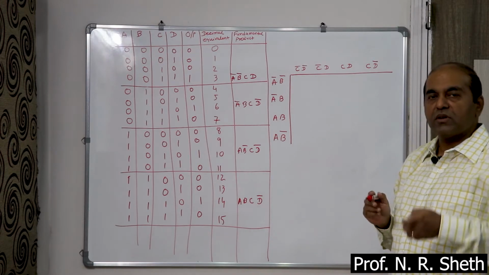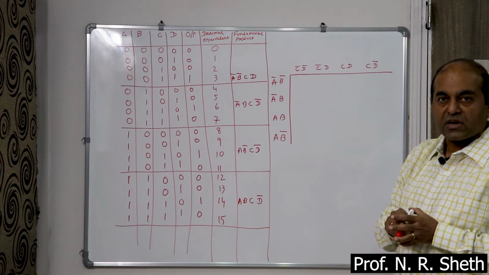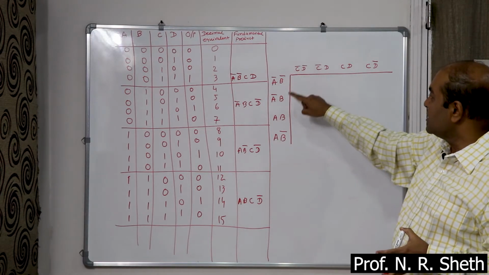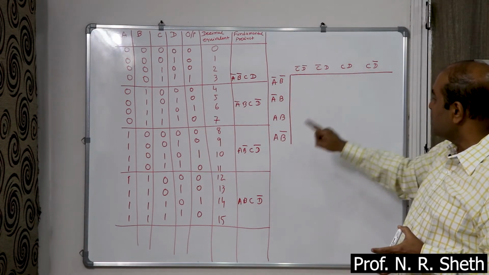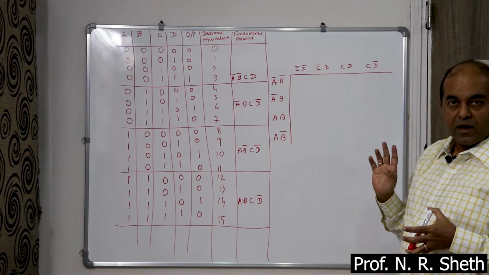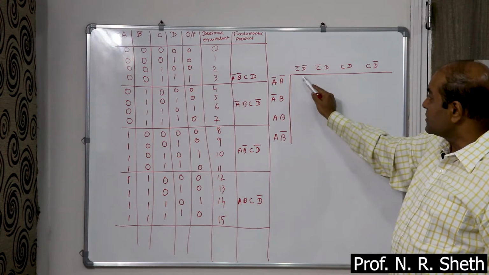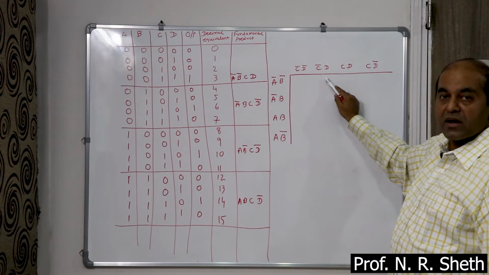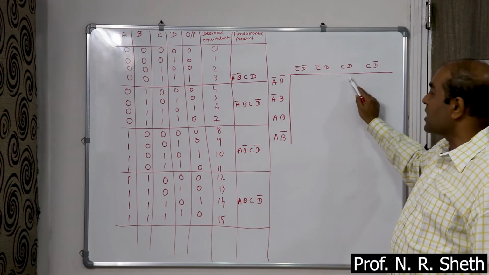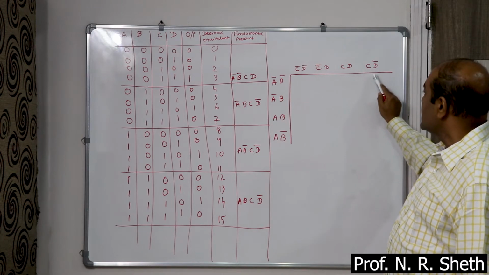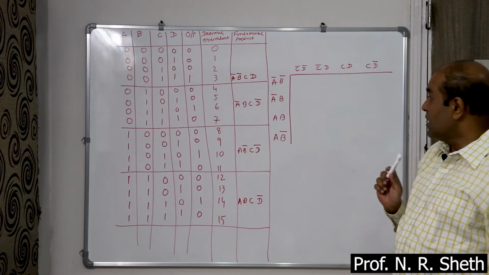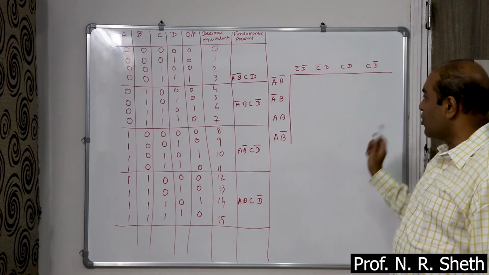In 3 variable, only 2 cases, C bar and C. But now here it is 4 variables, so C and D. Bit position: A bar, B bar, C bar, D bar, A bar, B bar, C bar, D, A bar, B bar, C D, A bar, B bar, C D bar and so on. So total 16 combinations are here.